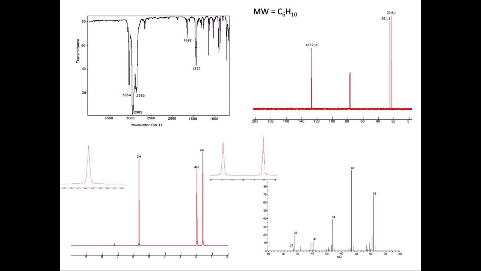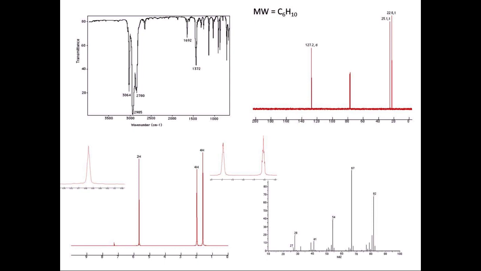Now I'm going to go to my carbon NMR. And this carbon peak here, this is from the solvent. This is from CDCl3. And what I see in my carbon NMR is very similar to what I saw in my proton NMR: 3 unique carbons. This carbon here, that's the most downfield, has to be part of an alkene.